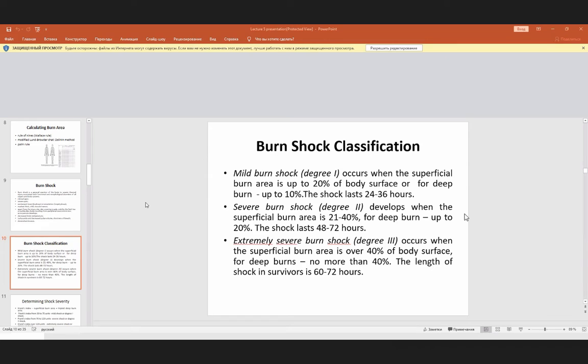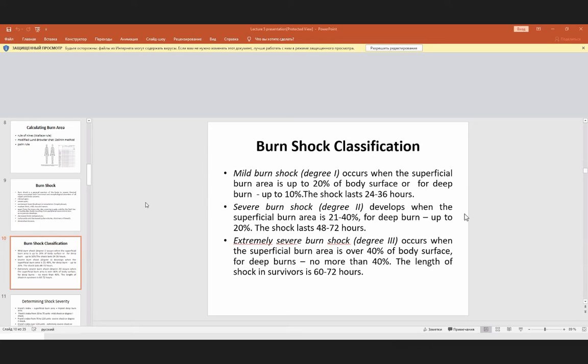Severe burn shock, degree 2, develops when the burn area is 21 to 40%, or for deep burn up to 20%. The shock lasts 48 to 72 hours. With timely and adequate treatment, most patients will be resuscitated from the severe shock condition.